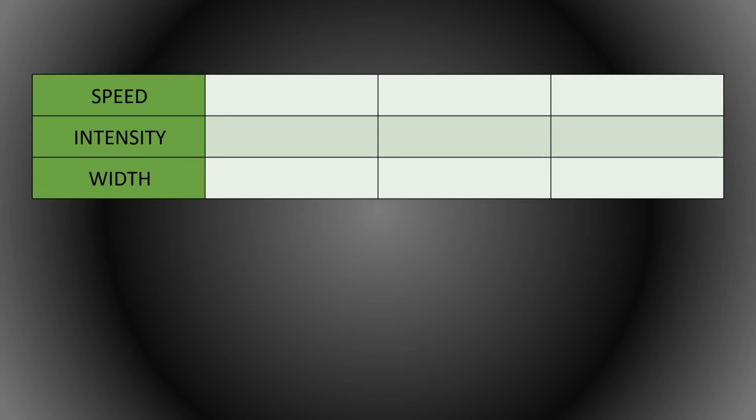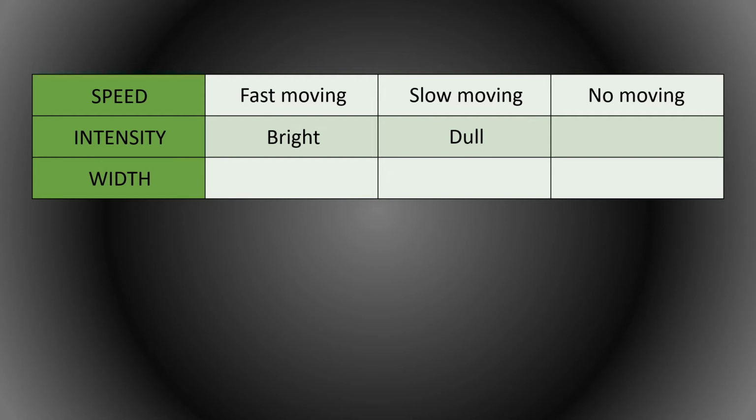Now, let's move to the speed, intensity and width of the reflex and how these characteristics help. After seeing the movement of the reflex, look for the speed: whether the reflex is fast moving, slow moving or there is no movement. For intensity, see whether the reflex is bright, dull or brightest. For width of the reflex, see whether it is wide, narrow or filling the entire pupil.